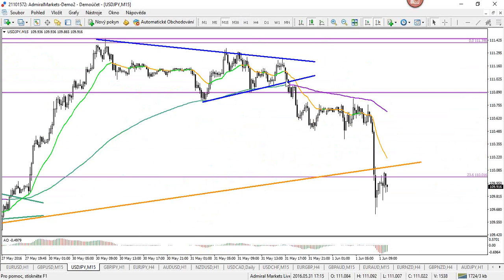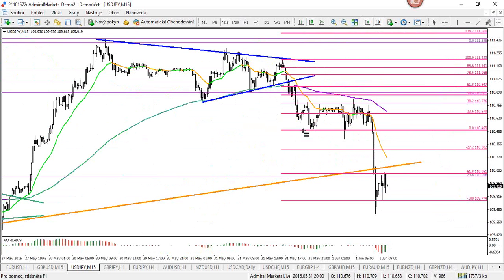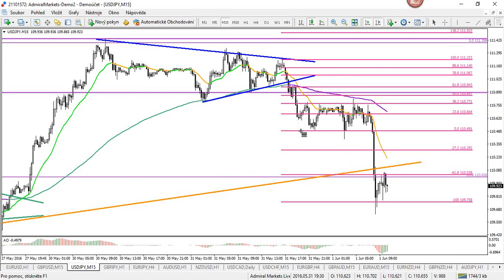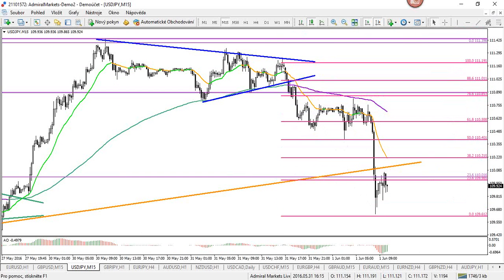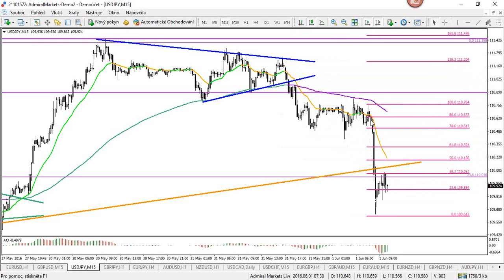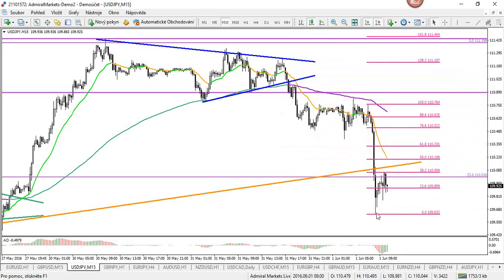Alrighty. So if this is, let's see, if this is a wave 3 of at least 1 degree, then let's put the fib from here to here. 38.2 fib hit.